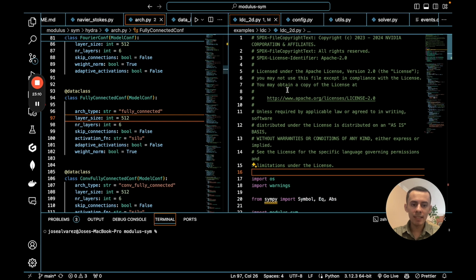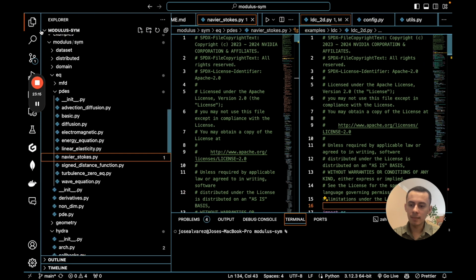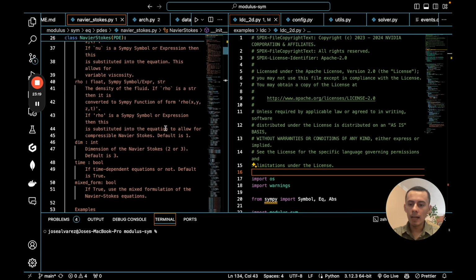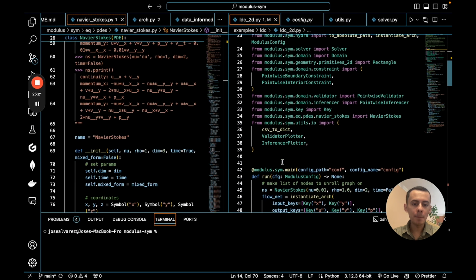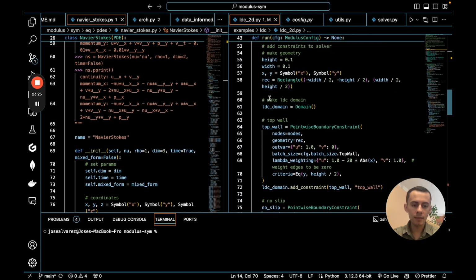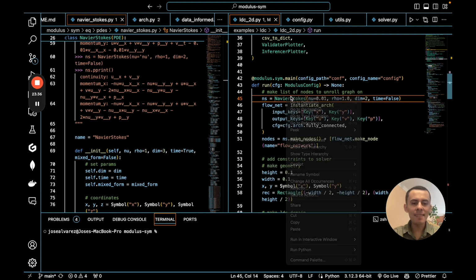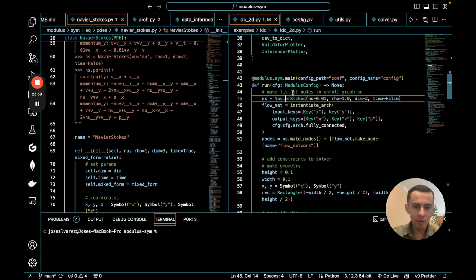And check out the Navier-Stokes.py file, which is in the PDEs folder, as we know. This is the example where I learned how to leverage this problem. So they also instantiate the Navier-Stokes here, but if we click on VS Code, I think the best way to explore the repo is actually downloading it and using a text editor like VS Code.